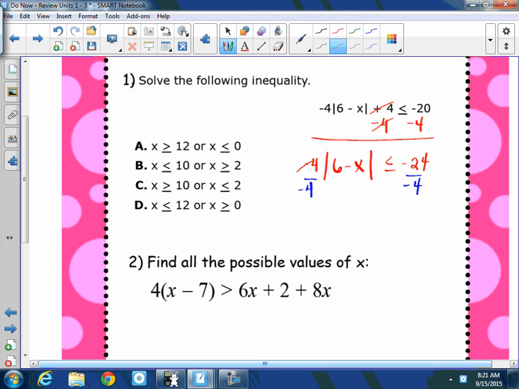So that's 1, and then I have absolute value of 6 minus x. Instead of less than, it's going to be what? Greater than or equal to. And then negative 24 divided by negative 4 would be positive 6, not 12, positive 6. That's if you divide it by 2, not 4.